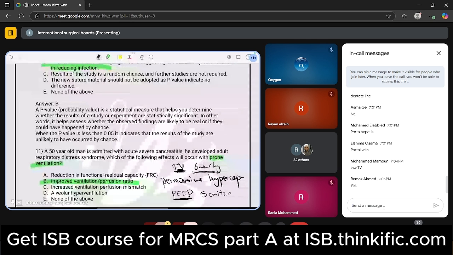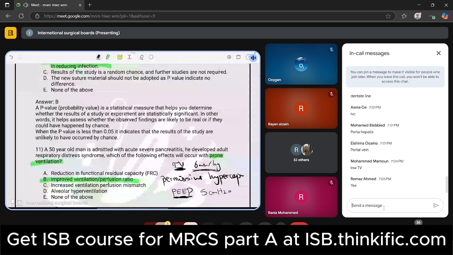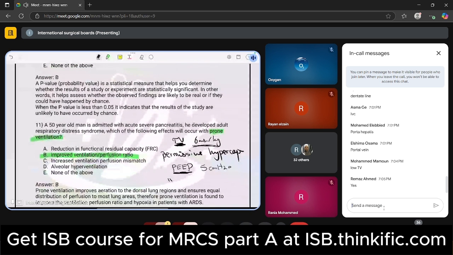The next thing is inverse ratio ventilation. What is inverse ratio ventilation? What's the meaning of it? Anyone have an idea?